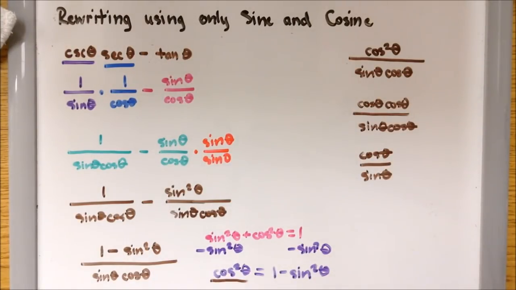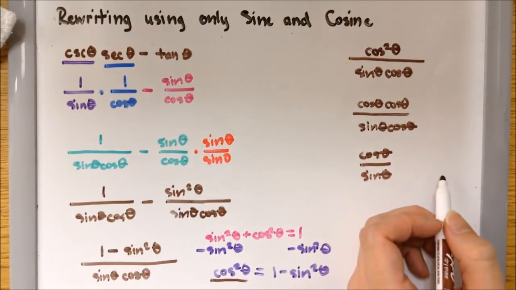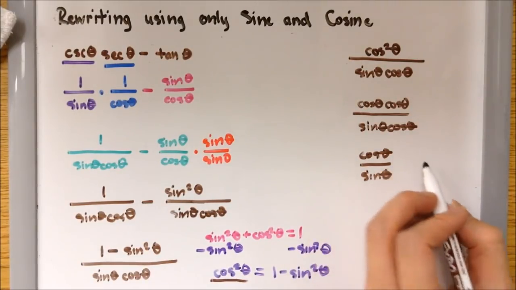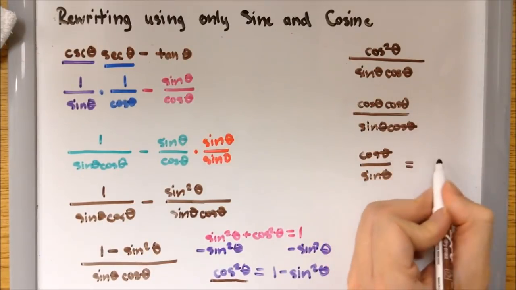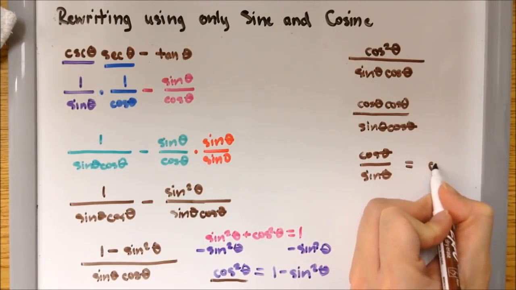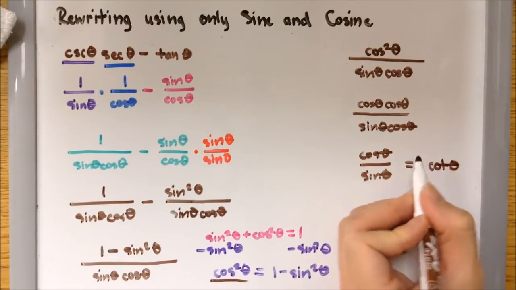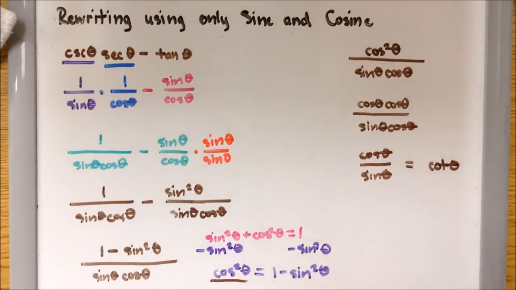Now here, you can actually convert it using the quotient identity. The quotient identity for cosine theta over sine theta is cotangent theta. So that would be our final answer because there's nothing you can simplify.